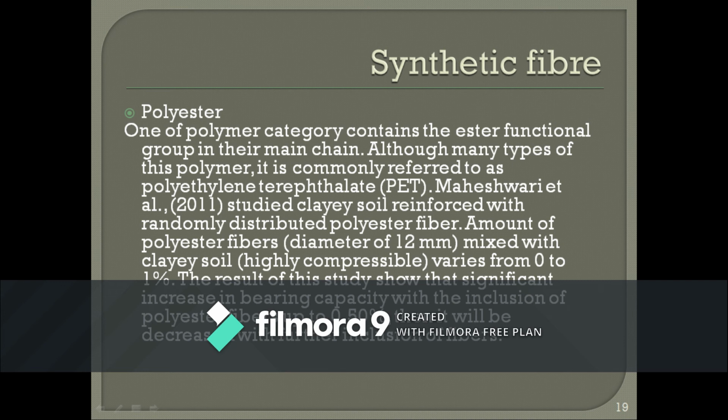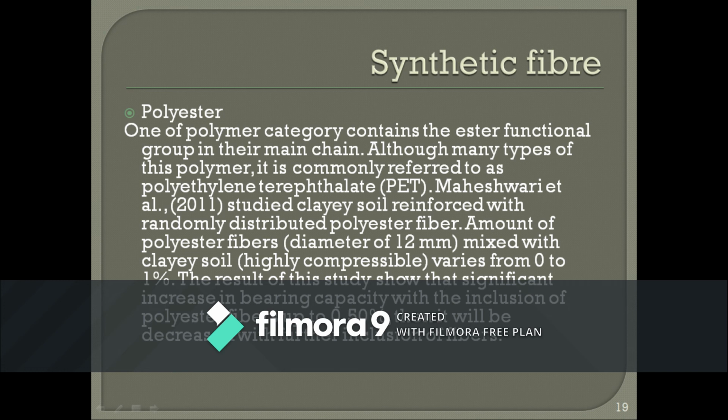Maheshwari was the person who studied the usage of this PET polyester mainly for clay soil. When this polyester fiber is distributed in clay soil, it increased its strength, mainly the bearing capacity.